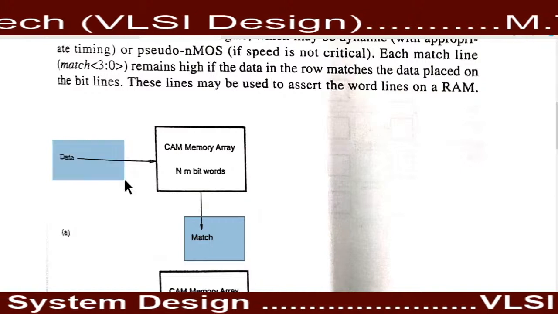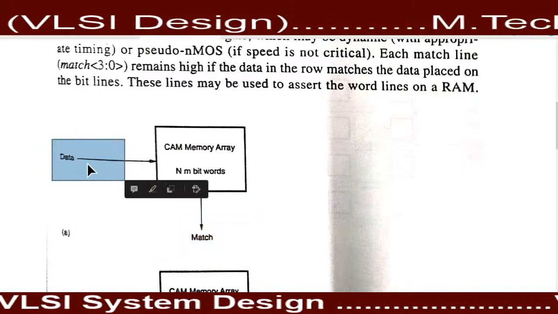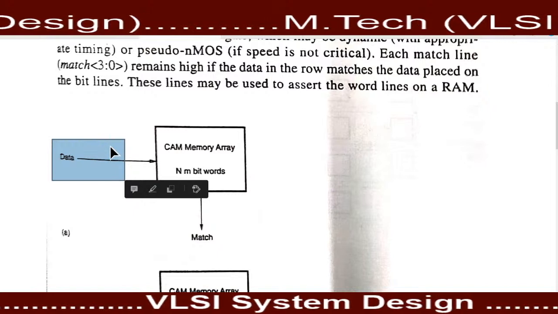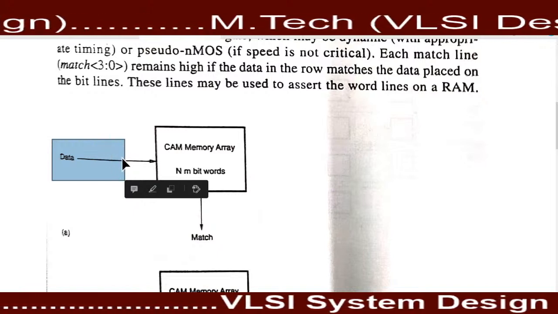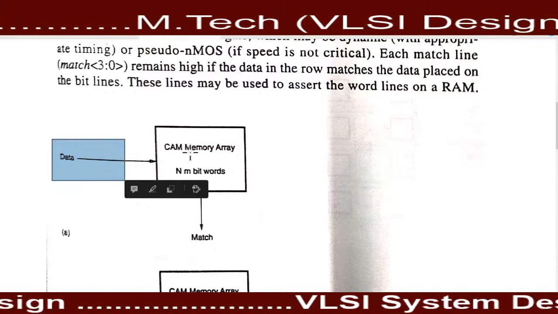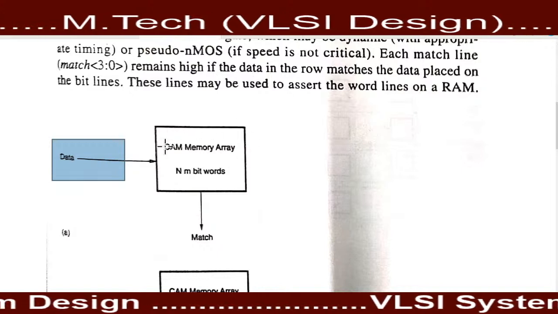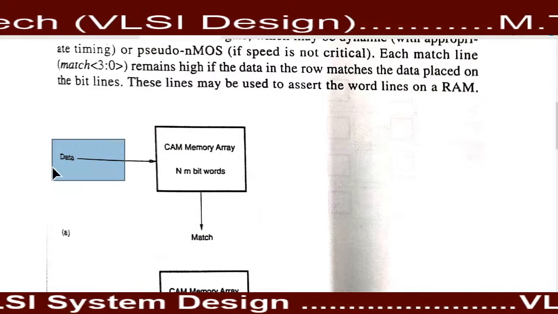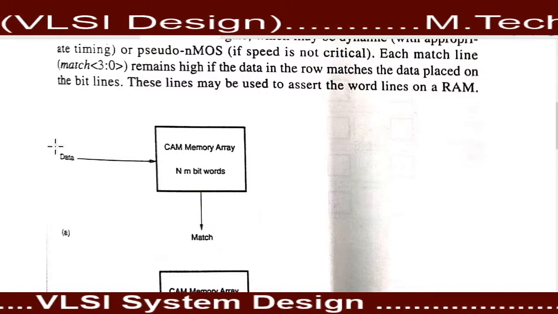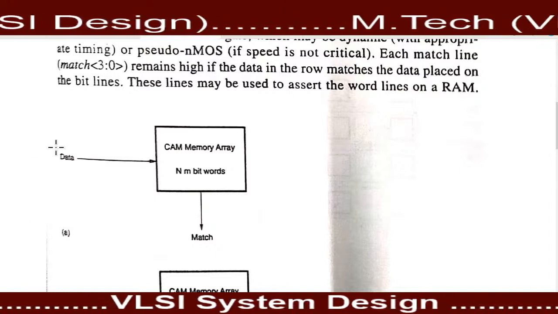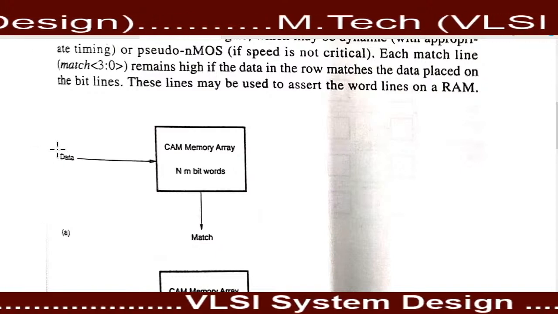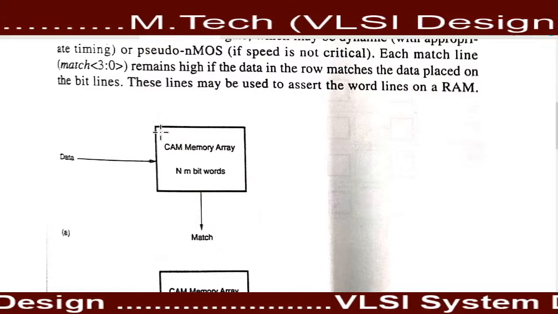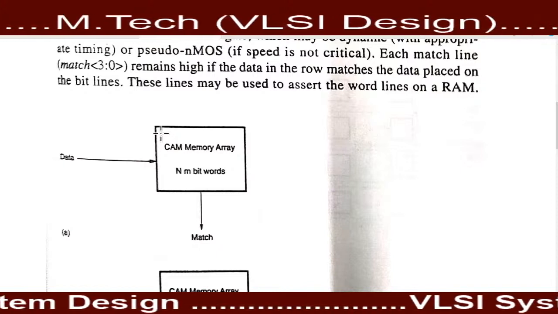But in this type of CAM memory cell, first we provide the data, and by using this data, some keyword is extracted, and by using this keyword we find out whether that data is there in the memory cell or not.